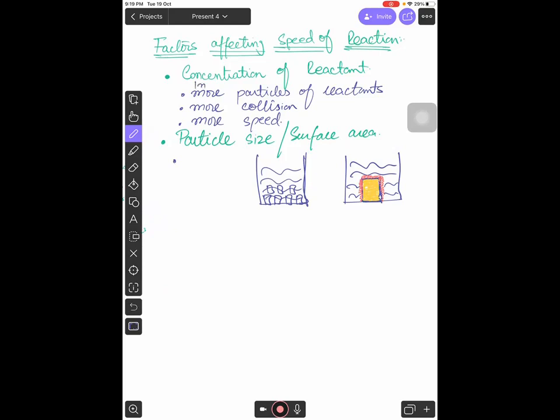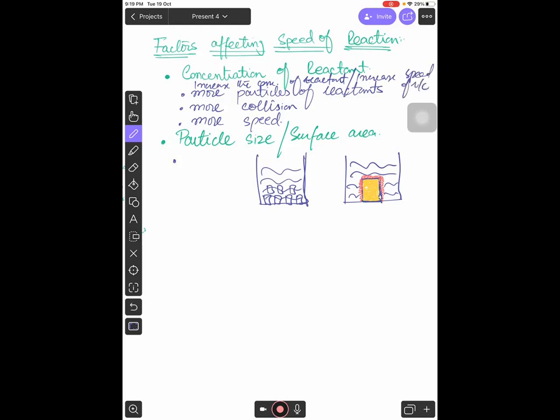Or you can write over here as well, increase the concentration of reactant, increase the rate of reaction, increase the speed of reaction or the rate of reaction, whatever you need to write.